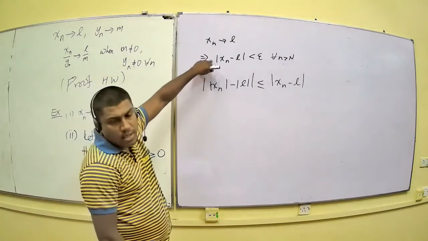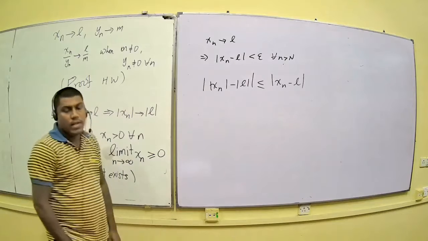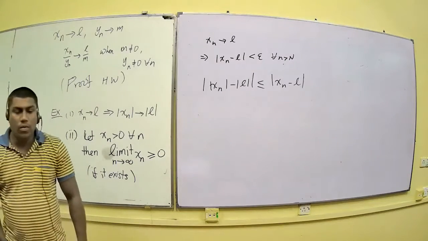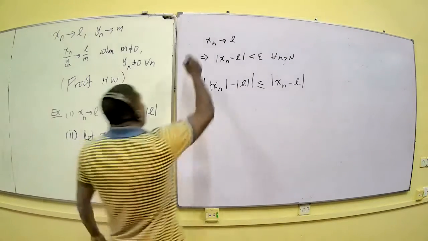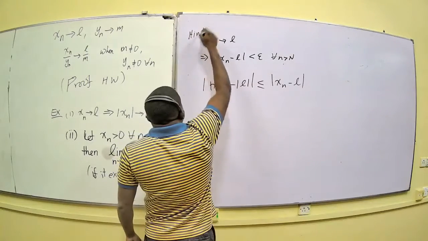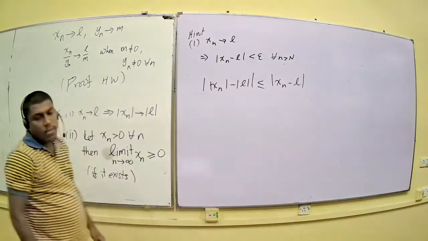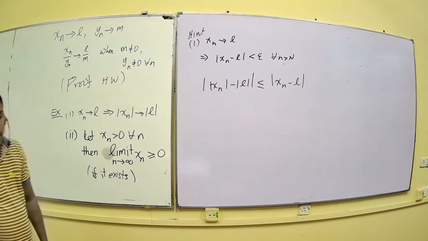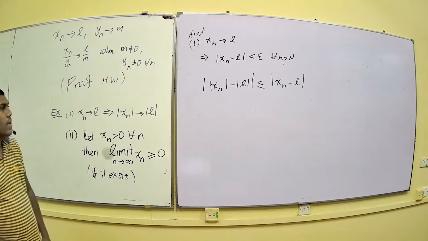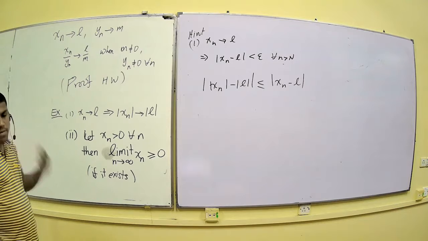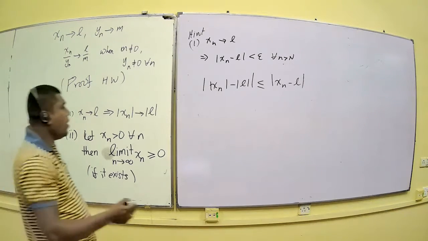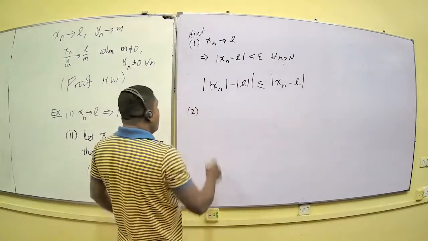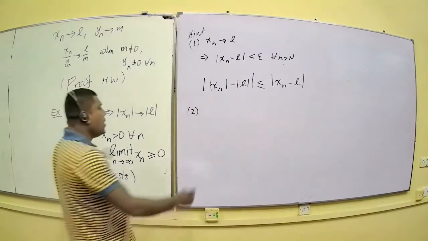So if you combine this and this, then you will get that absolute value of x_n converges to absolute value of L. So this is the hint for exercise number 1. You take x_n goes to L and write down the definition, but you observe that by the triangle inequality you get this, and the rest is as follows. The second part, right?